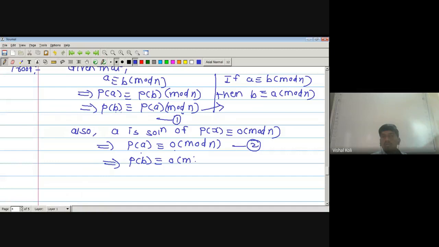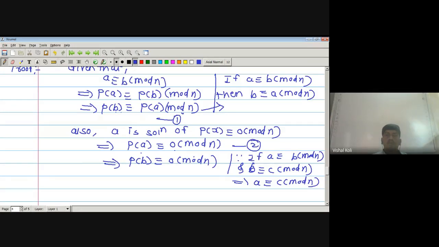Since again there is one property: if A is congruent to B modulo n and B is congruent to C modulo n, then A is congruent to C modulo n.